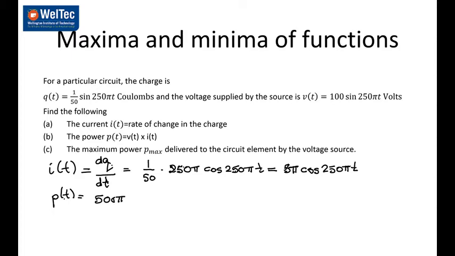sine 250 pi t cos 250 pi t. Now, we can do a little bit of trigonometry using a trig identity there to show that actually that's equal to 250 pi sine 500 pi t.